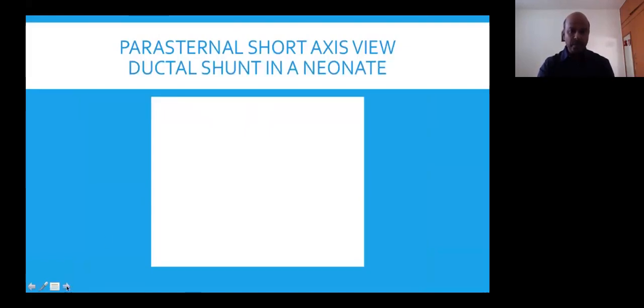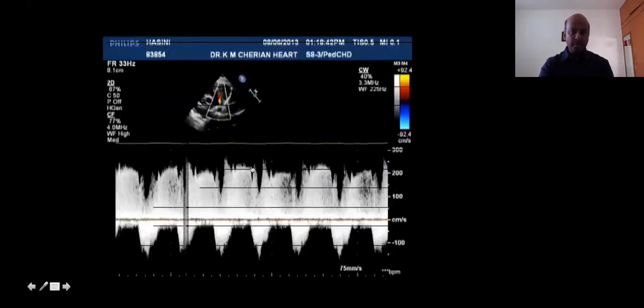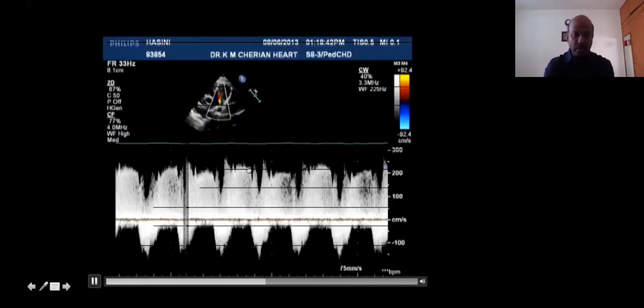This is an echo video which would not play in this, but this is a Doppler. Again, Doppler is a measure of the velocity of the blood flow across the shunt.